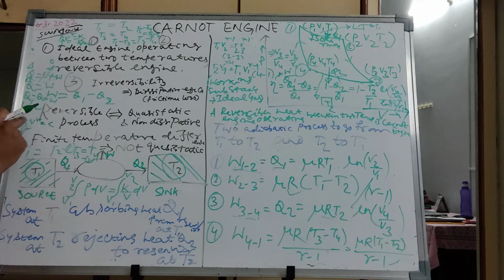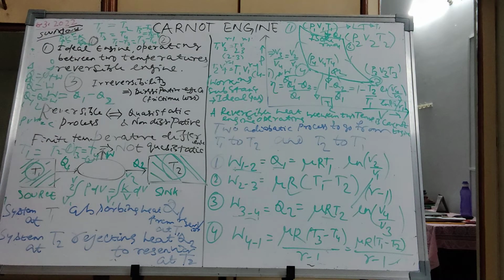So let us write it like this. PV to the power gamma is equal to constant.